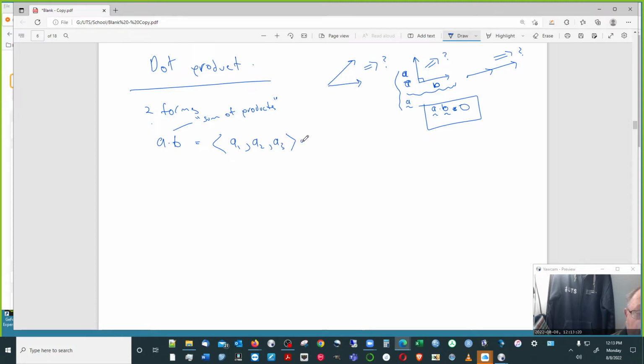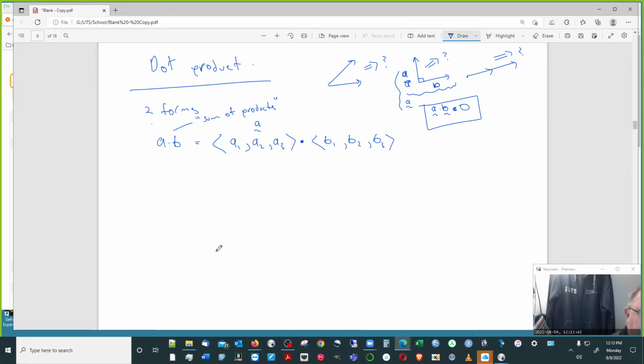So there's my dot product, and this is A, isn't it? Okay, and B. So there's two forms, and often you have to work with both forms to get your questions out. Now that could be X, Y, Z, 1, 2, 3, it could be X, Y, Z.